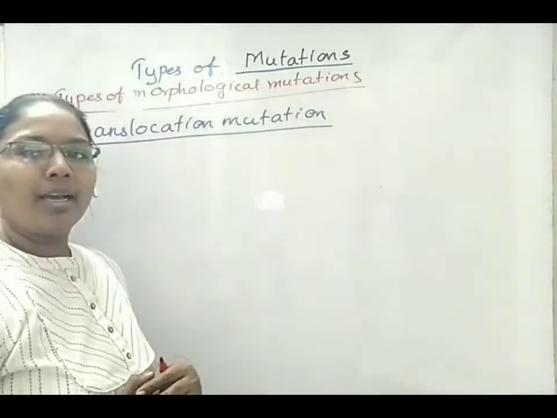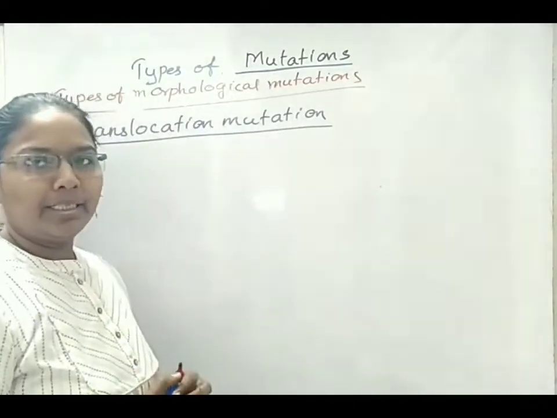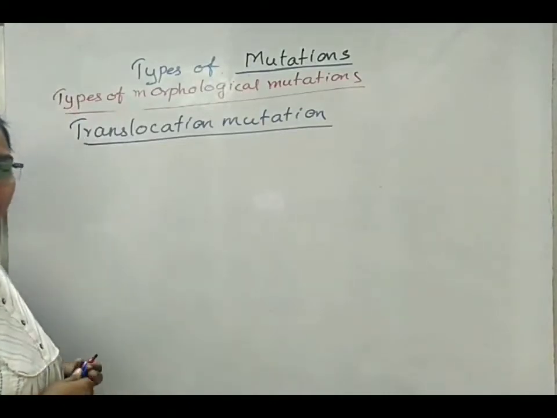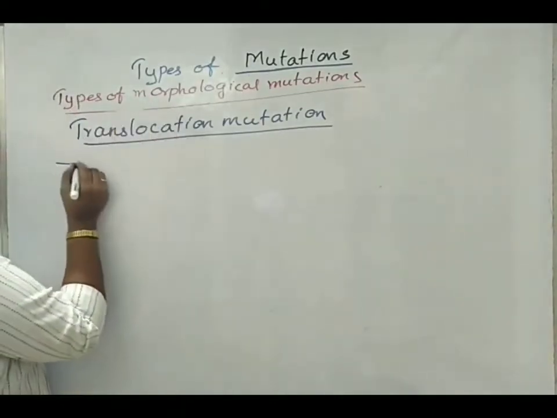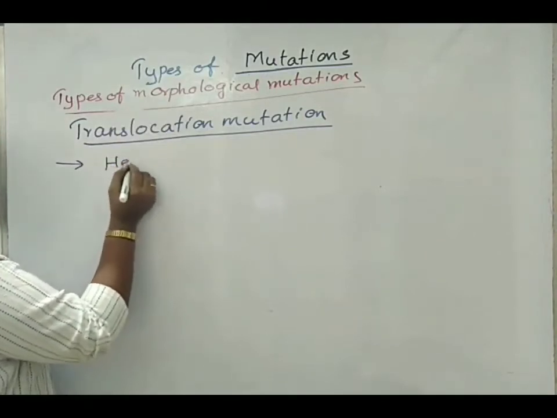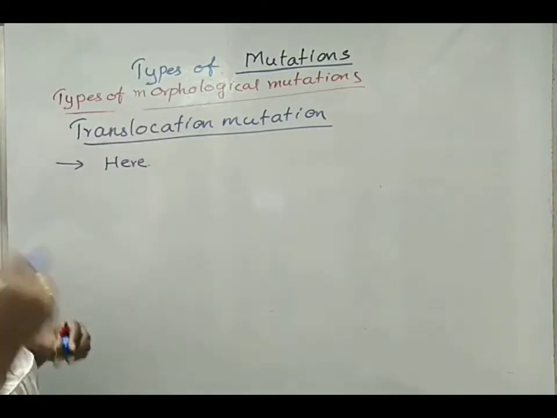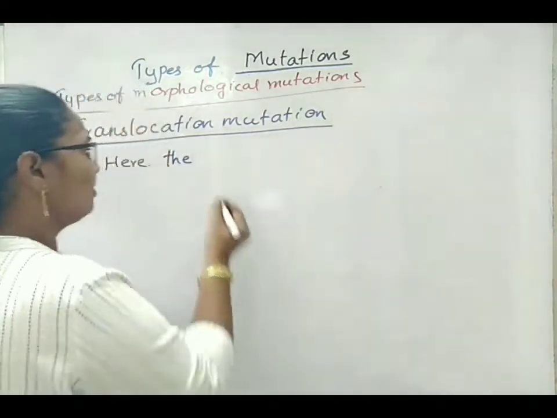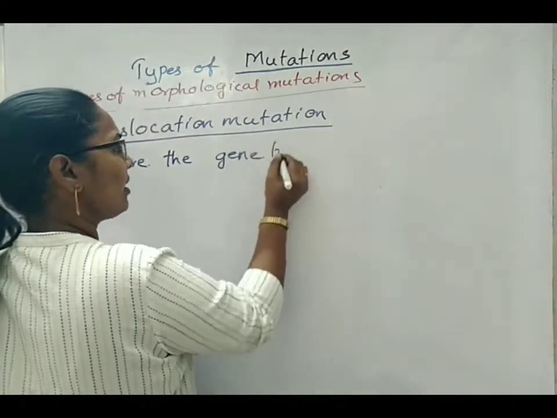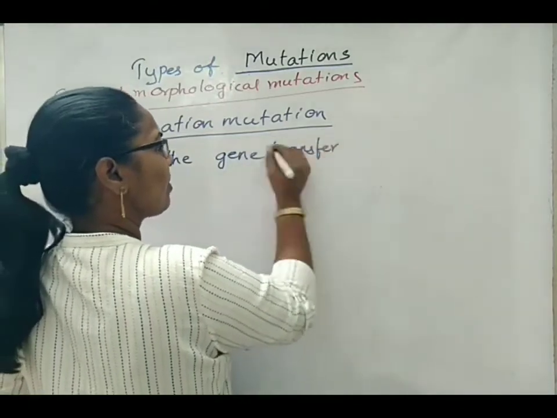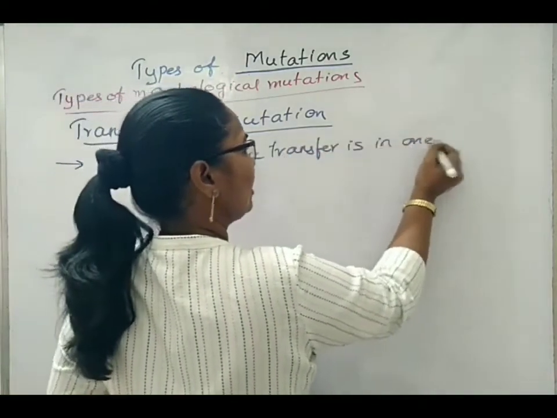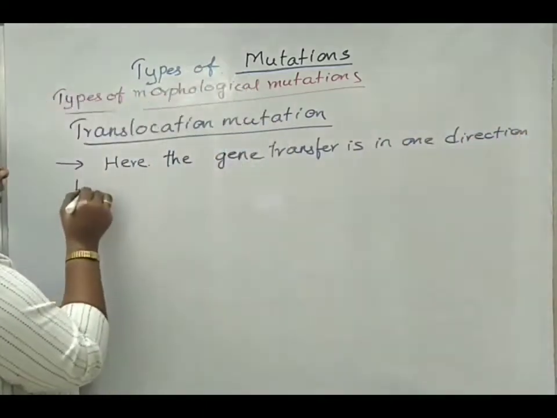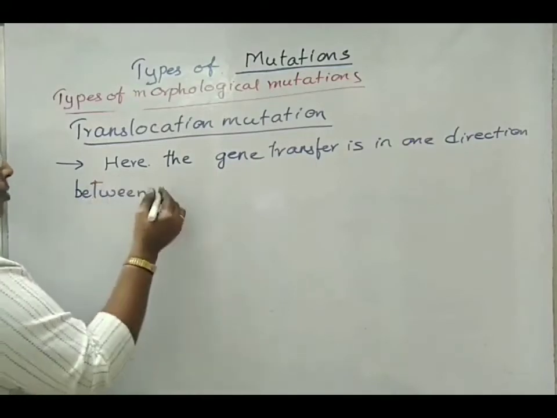Means which do not have identical genetic material. Here, the genes are shifted only in one direction. The gene transfer is in one direction between non-homologous chromosomes.